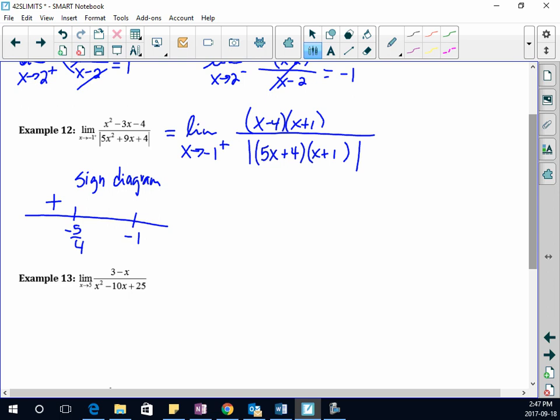Well, this is -1.25 and this is -1. So why don't we just do a decimal? -1.1. Well, what's wrong?